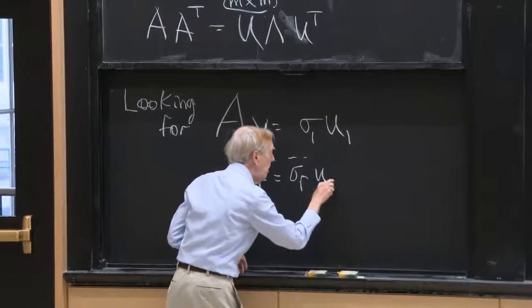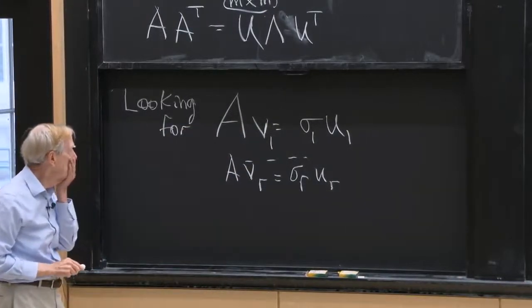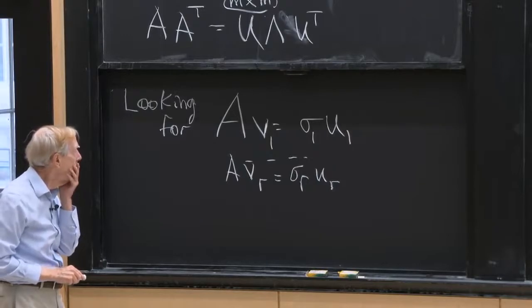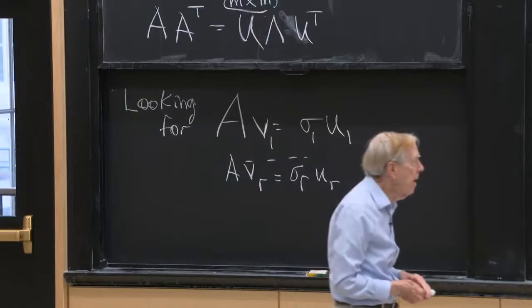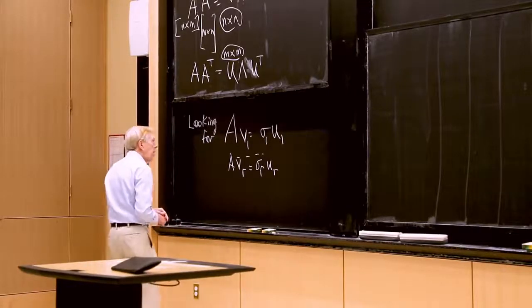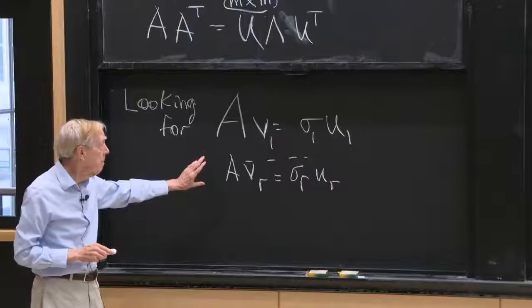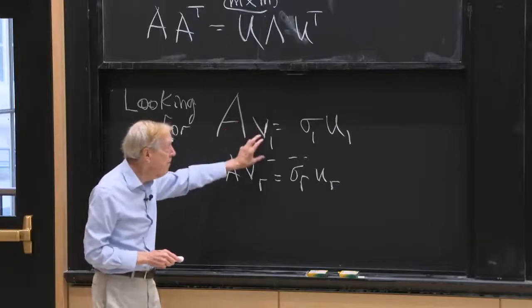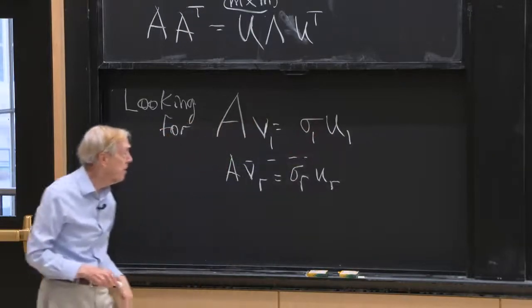Is that what I want? Let me just see. AV is sigma U. Yeah, that's good. Okay. So this is what takes the place of AX equal lambda X. A times one set of singular vectors gives me a number times the other set of singular vectors.